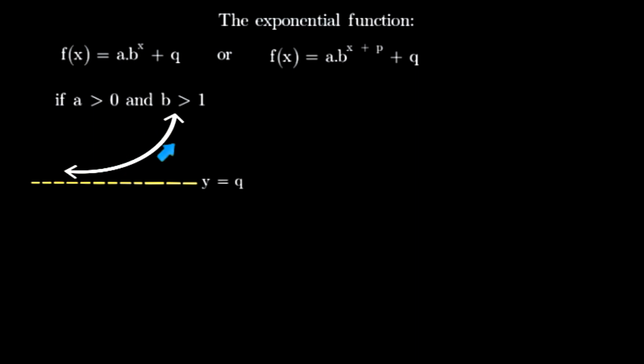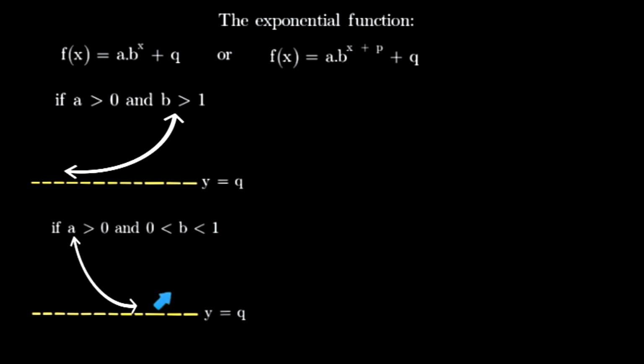Okay, excellent. So if a is greater than 0, it's a positive value, this coefficient is positive, we draw our function above the asymptote. But if this base is a fraction, a value between 0 and 1, we are going to draw our exponential function from left to right towards our asymptote.